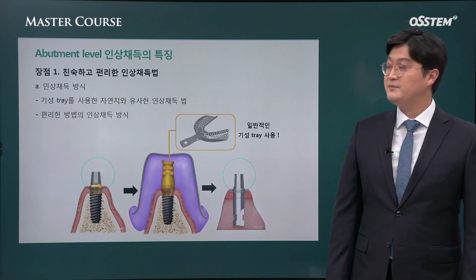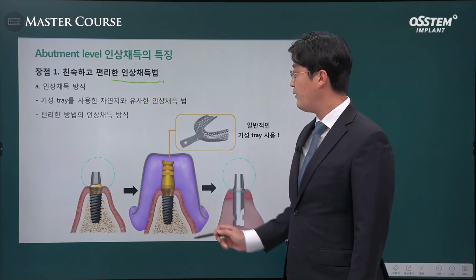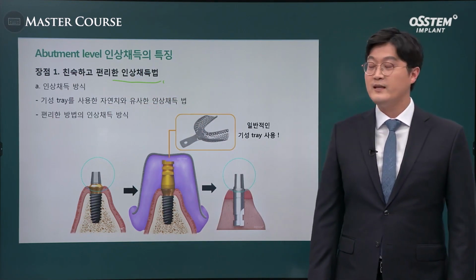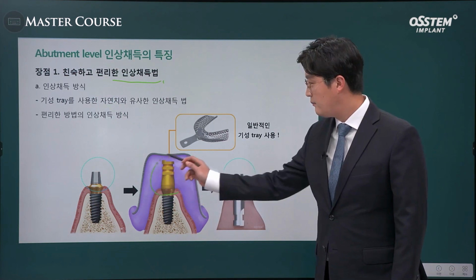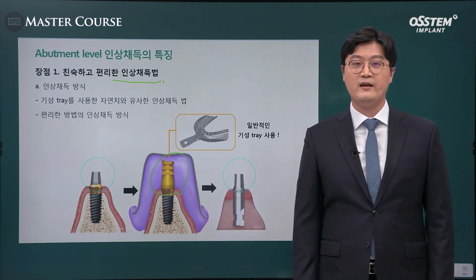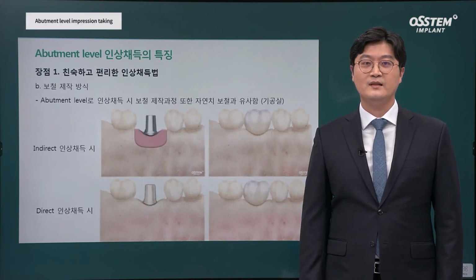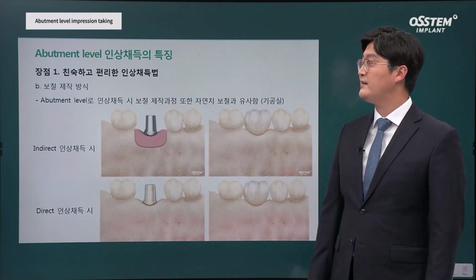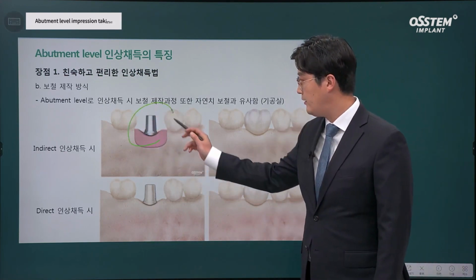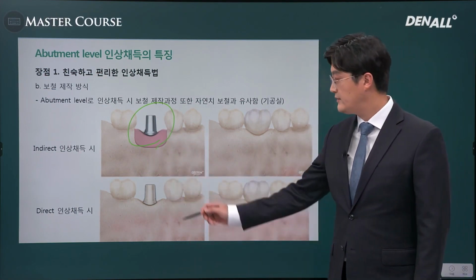Advantages: once again, it is a familiar and convenient impression taking method because it is the same as a natural tooth impression taking or a stock abutment, and using a plastic impression coping, impression can be taken, so it is not a challenging procedure to perform. Second, it is easy to fabricate a prosthesis. For indirect impression taking, a stock lab analog is installed on the model like this.